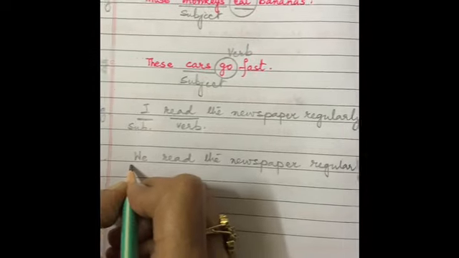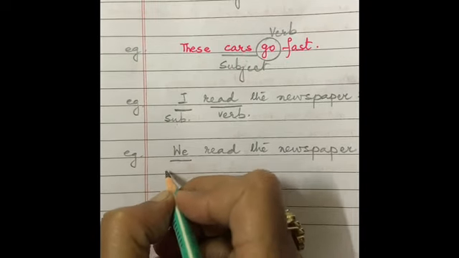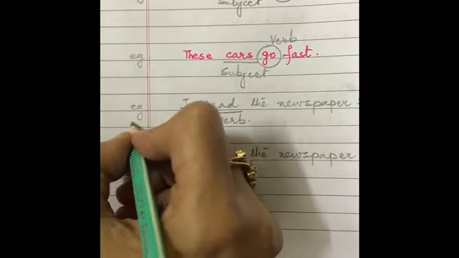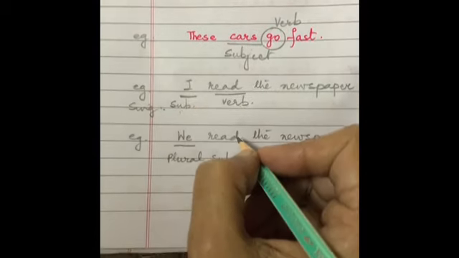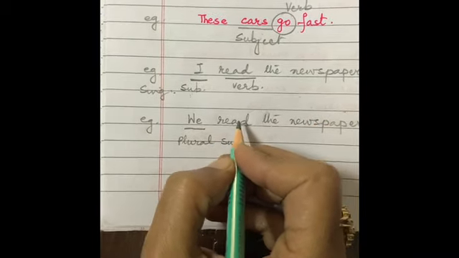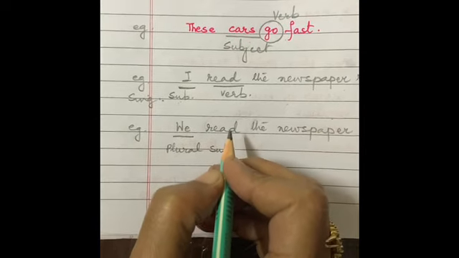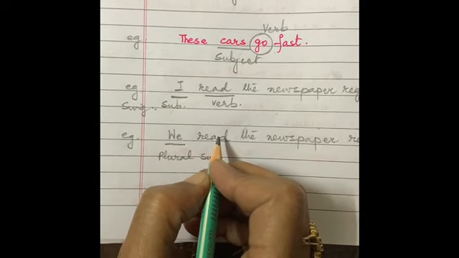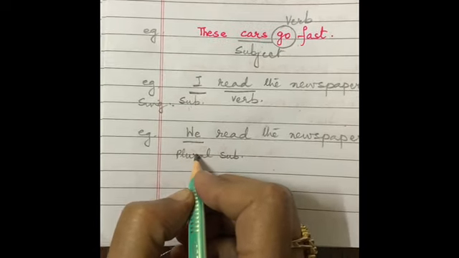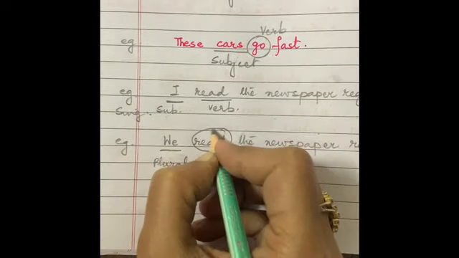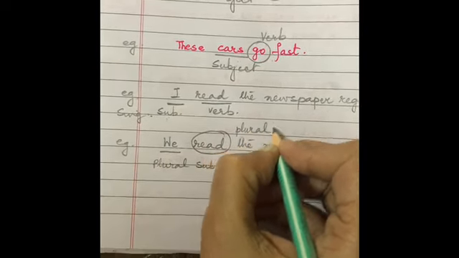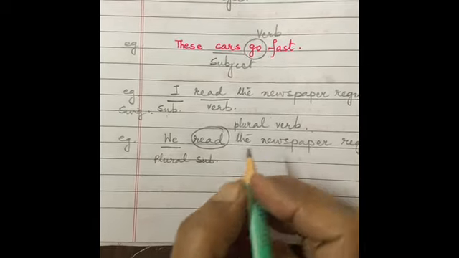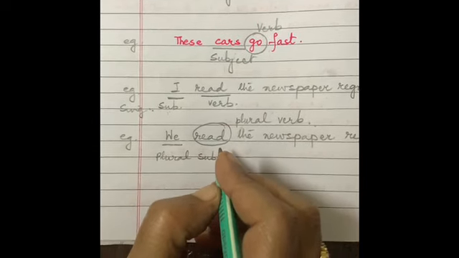Here, we is plural. So, in case of first and second person, there is no rule of singular subject and singular verb. But a plural subject must have a plural verb. Clear? Okay. Please remember this concept also.